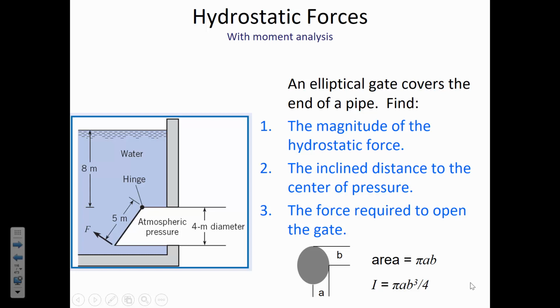So the area is 15.708 meters squared. So multiply that by 10 meters and 9810 newtons per meter cubed. So the magnitude of the force should be 1.541 meganewtons. That's 1.541 times 10 to the 6th newtons.